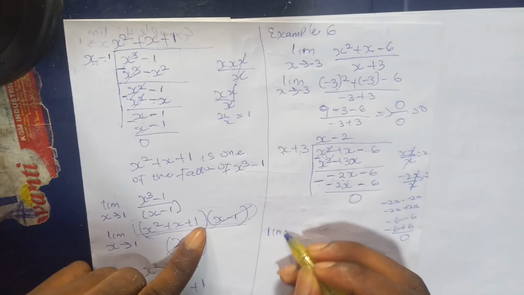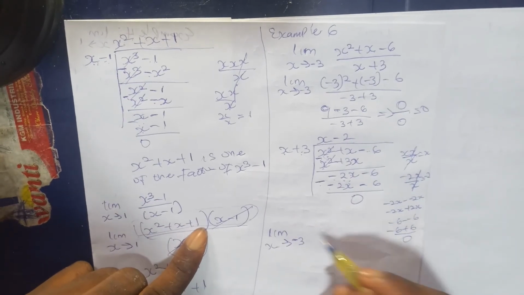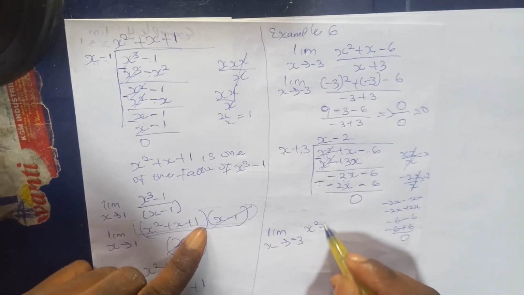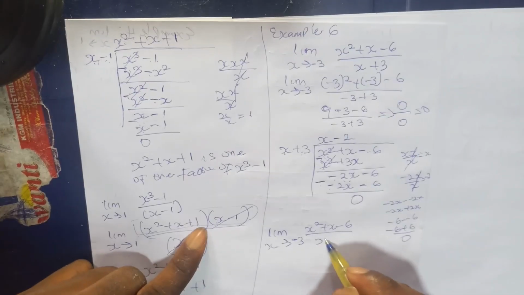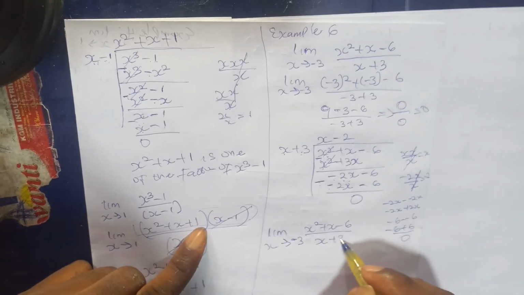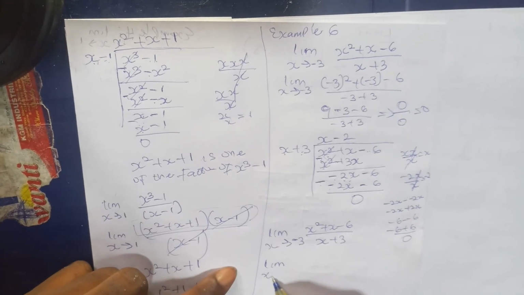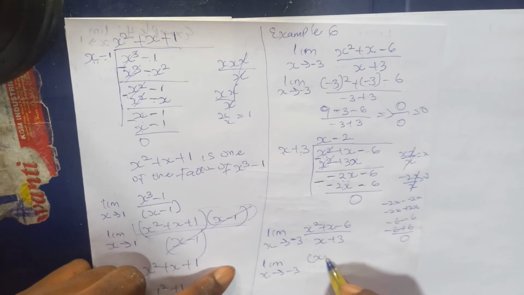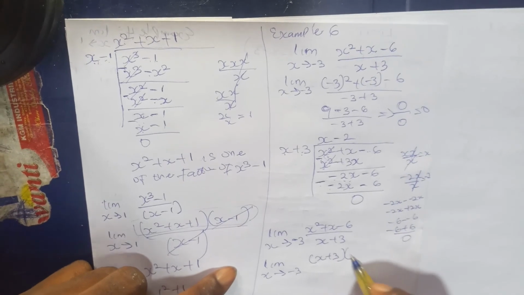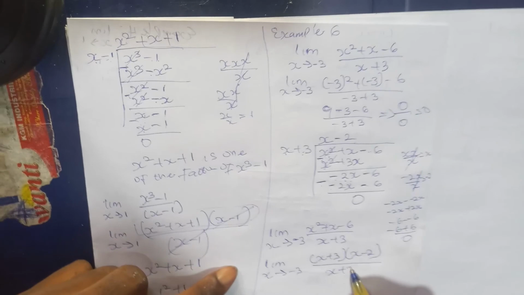So this lim x approaches minus 3, x squared plus x minus 6 divided by x plus 3, can also be written as lim x approaches minus 3, open bracket x plus 3 close bracket, open bracket x minus 2 close bracket, divided by x plus 3.